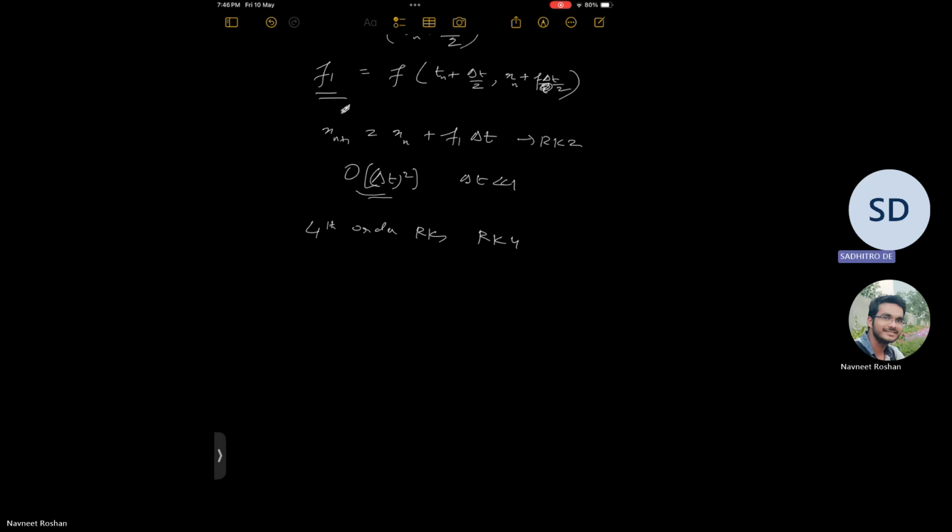In the RK4 method, we basically do the following. We first take the following approximations.